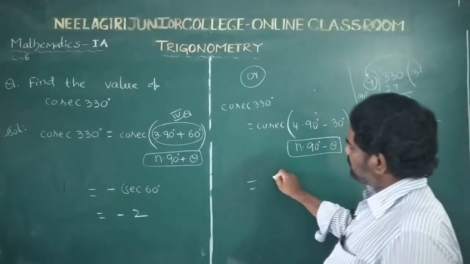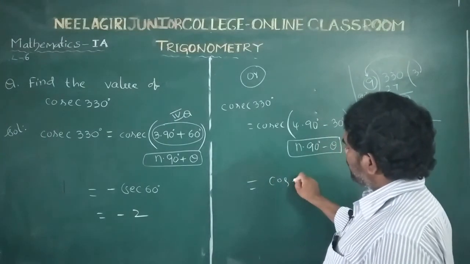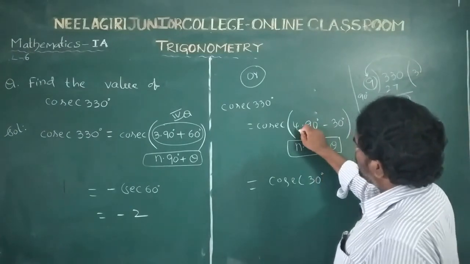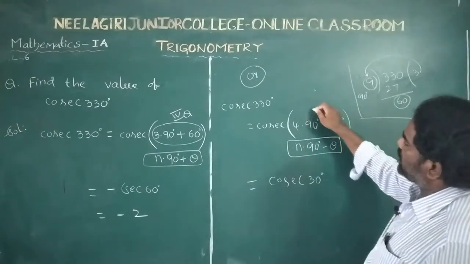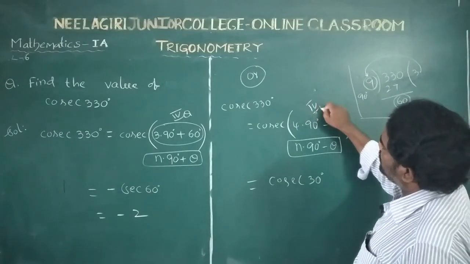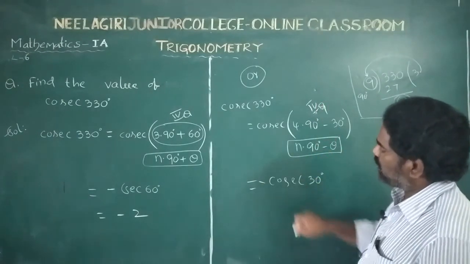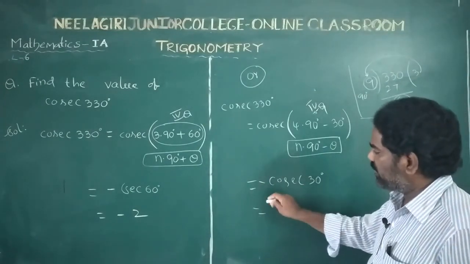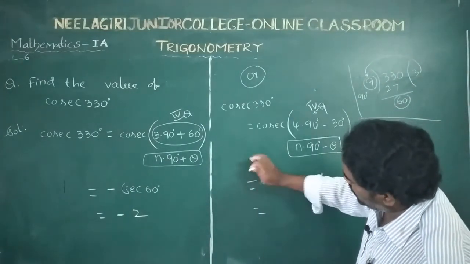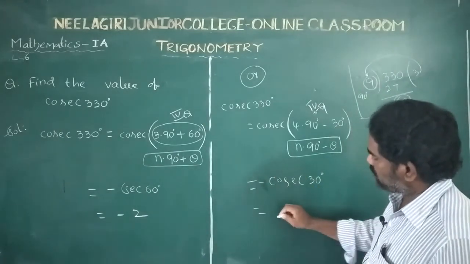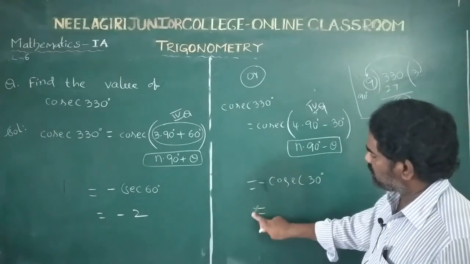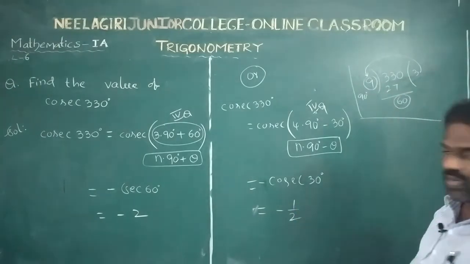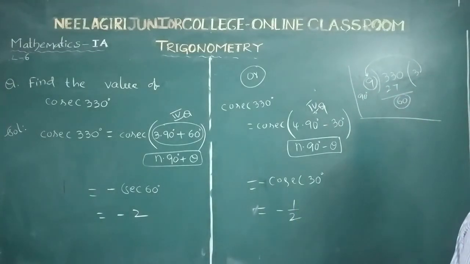Cosec remains cosec, angle 30, n equals 4 minus some angle. This angle lies in the fourth quadrant, and in the fourth quadrant the cosec function is negative, so the result cosec is also negative. So what will come here? Minus sign, minus 1 by 2. Understand? Okay.